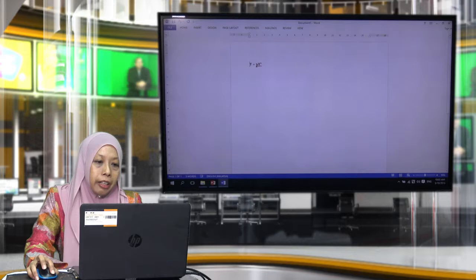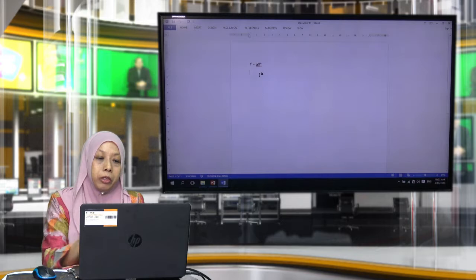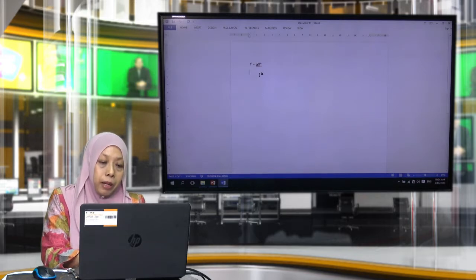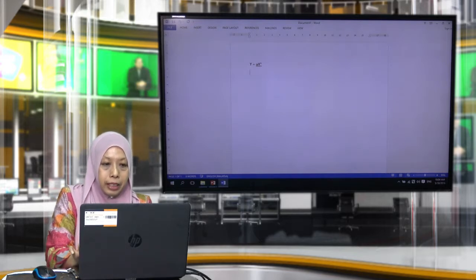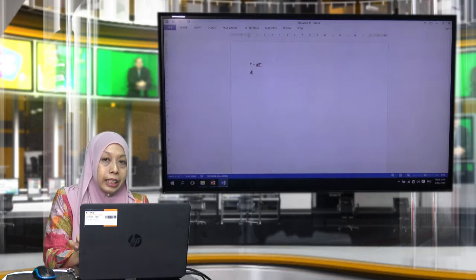So we have here y equals ax^n. a is a number, x is your independent variable, and n is your exponent. Now, if you want to differentiate the power function, there are 3 steps involved. If you follow these 3 steps, then you're going to be okay. So what's the first step? Well, the first step is you need to bring down the exponent.